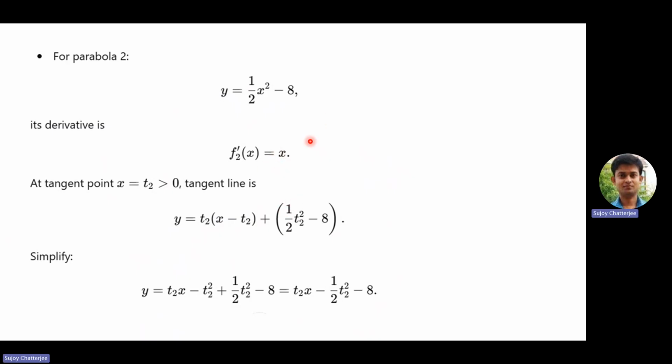So from these two we can write the equation of a straight line like this. One is this function, the other one is the derivative of that function, which incorporates the slope. Further simplifying this, we get y is equal to t2x minus half t2 square minus 8.